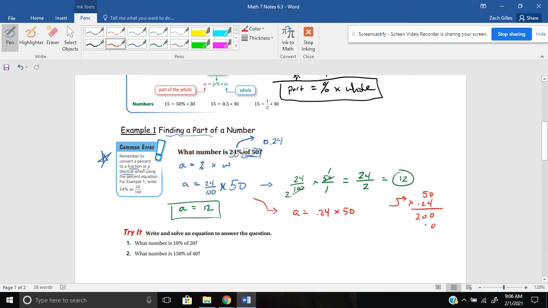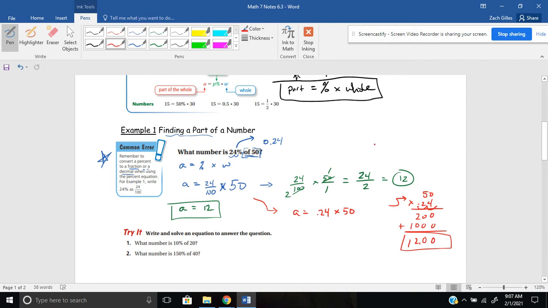Placeholder, 2 times 0 is 0, and 2 times 5 is 10. Add 0 and 0 is 0, 0 and 0 is 0, 2 plus 0 is 2, and 1 plus 0 is 1. And in the end, I need to move my decimal 2 spots, so 1, 2, 12.00, which is the same as 12.